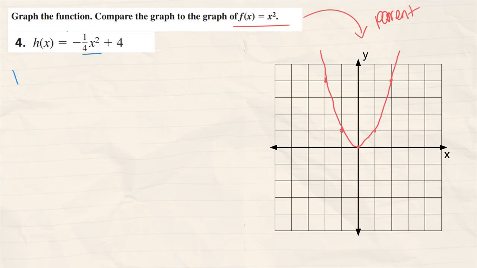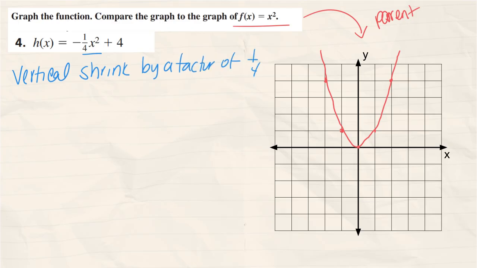So I'm going to add a vertical shrink by a factor of 1/4. And I'm also going to have a vertical translation of 4 units up, correct? So that has been given.